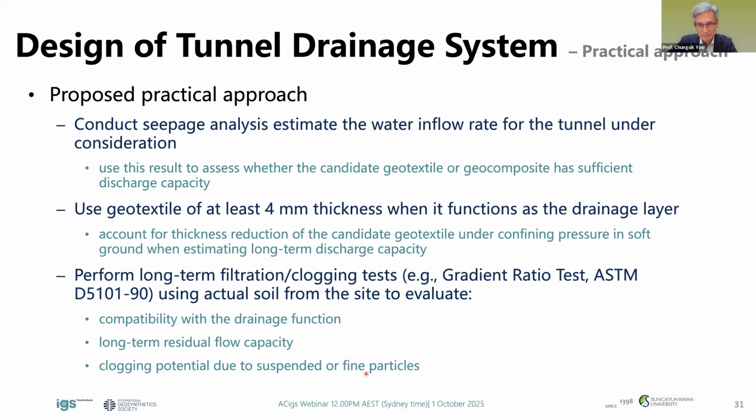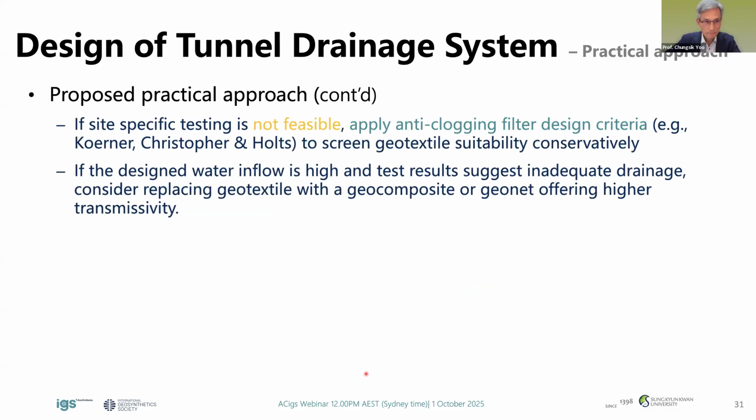Under the current design standard, you don't have to do this. You don't have to perform the clogging test, gradient ratio test, but in order for us to correctly use geosynthetics, if we follow this procedure, we can eliminate or reduce the potential for clogging of the drainage layer, which is geotextile or geocomposite.